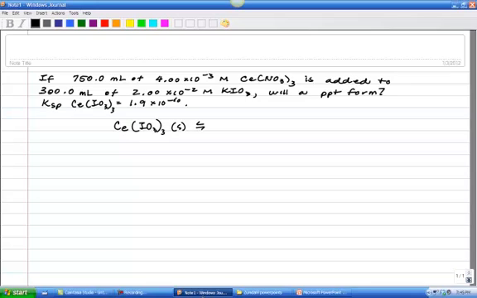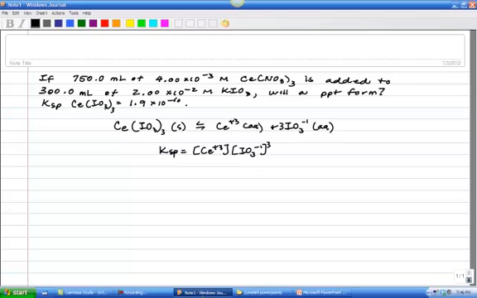So cerium is a +3, and IO3 is -1, and there's 3 of them. Those are the products. Now, the KSP expression is cerium times IO3 -1 to the 3rd power.